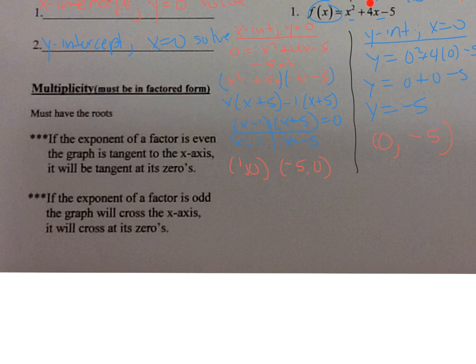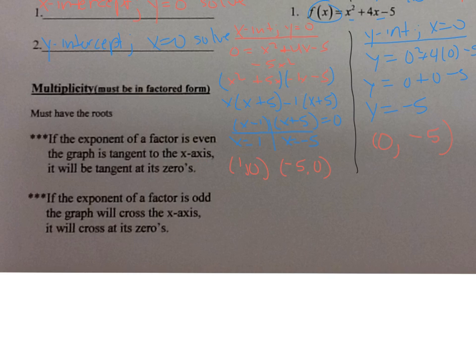So if you have it in factored form, like I did right over here, I got this in factored form to actually find my roots to get my intercepts. It's not too bad. It's not too hard. So this is what we need to look at. If the exponent of a factor, we're talking about these parentheses here, if the exponent is even, the graph is tangent to the x-axis.